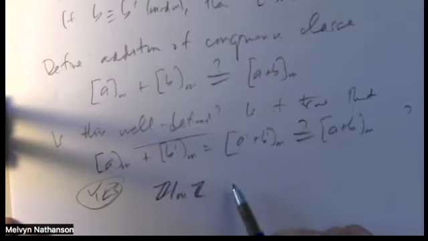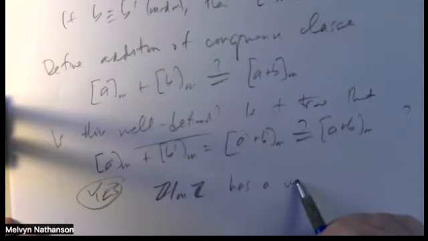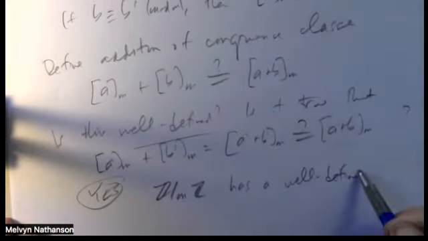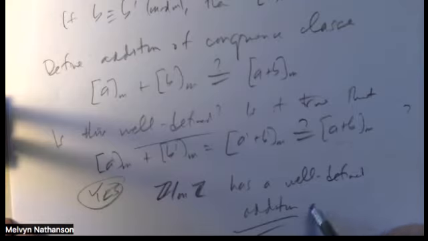That's what we just proved: if A is congruent to A prime and B is congruent to B prime, then A plus B is congruent to A prime plus B prime. So what this says is that there is a well-defined way to add congruence classes. So Z mod MZ, the set of congruence classes of the integers mod M, has a well-defined addition, and similarly a well-defined multiplication.